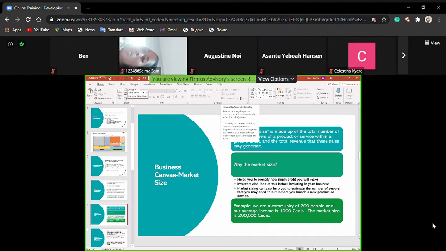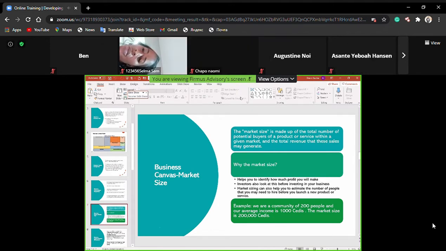If you do 30 million by 100, we are looking close to, I think, 3 billion cedis as the market size. It doesn't mean you're going to get all the 3 billion, but you're going to get a portion of that. That would help you determine whether coming to venture into this country is actually profitable or not.